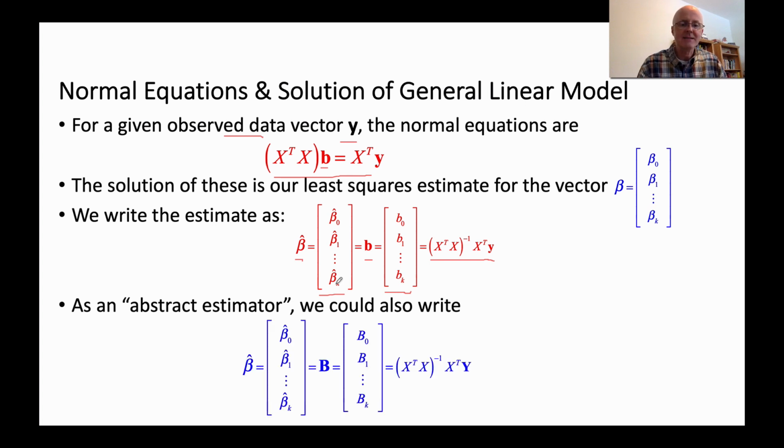And in that case, I kept the beta notation the same, but with the b's, I would more typically write a capital B here and capital B's in there to emphasize that these things are really random variables. They have distributions even. We can find expected values and variances for these things. And notice I put a capital Y here as well, again because I can think of the individual y's as being random variables, capital Y1 through capital Yn. Okay? I kept the beta notation the same. Don't let that bother you here. Here I'm thinking of them as being observed values. Here I'm thinking of these things as being theoretical estimators.